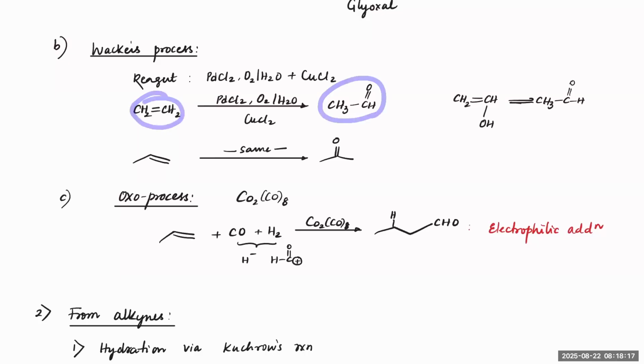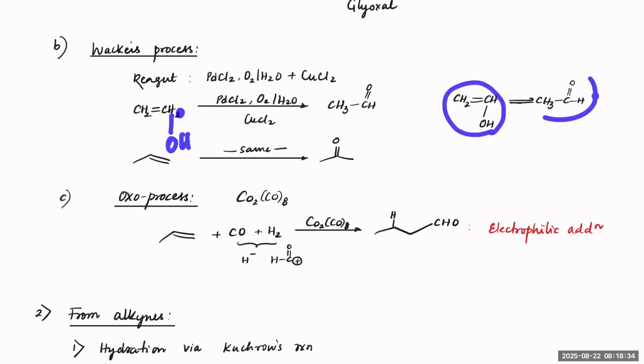Basically it is like addition of H2O only. Imagine that instead of this H, an OH group has been added. That will convert into an enol form, which will eventually become an aldehyde or a ketone.